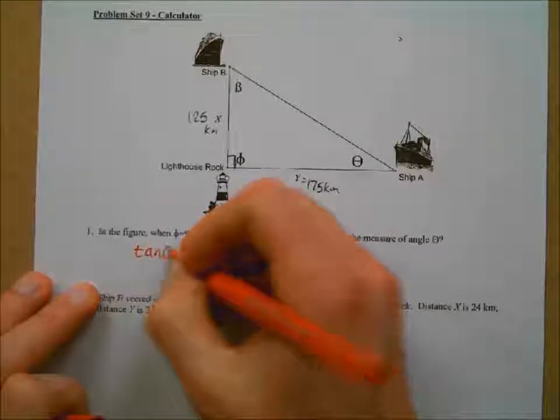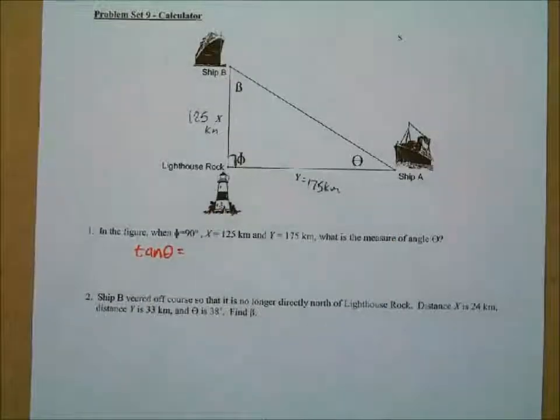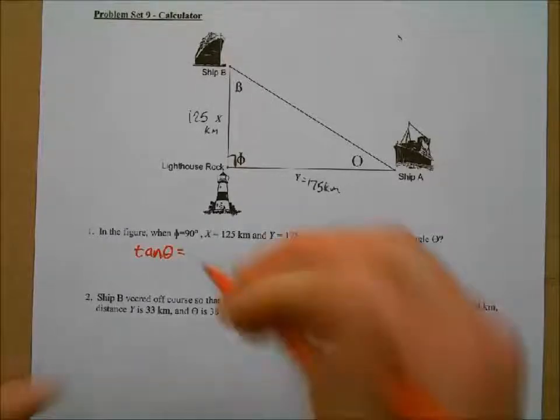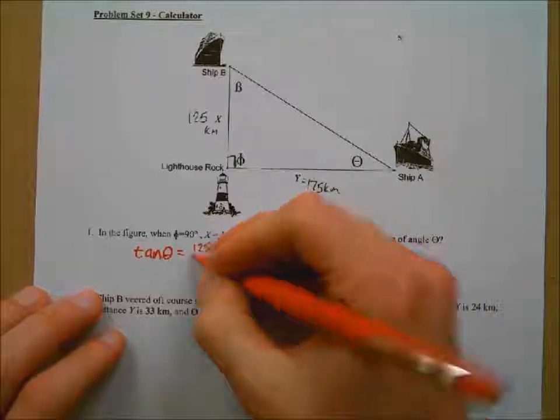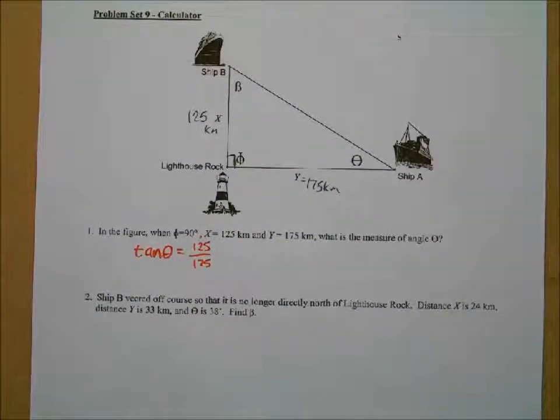Tangent of theta equals, and what will it equal? What over what? 125 over 175, exactly right. We're going to find the opposite over the adjacent. To finish solving for theta, what should we do now? Arc tangent, the inverse tangent.